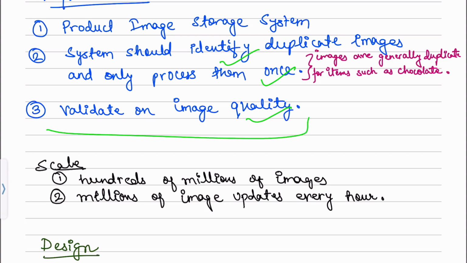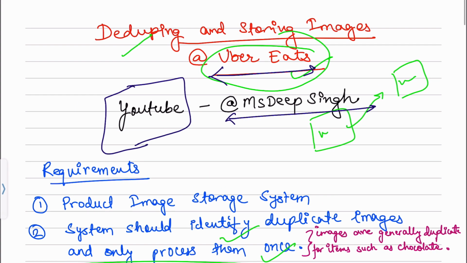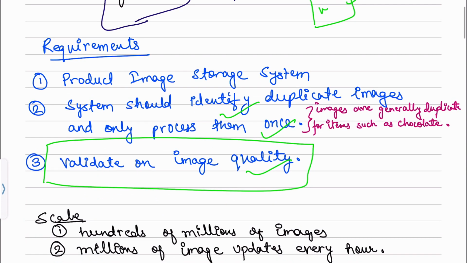One additional thing which we want to do: in the Uber Eats system or in messaging applications, we don't care about the quality. The user will send whatever image he or she wishes to, and we can't actually interfere in that, right?